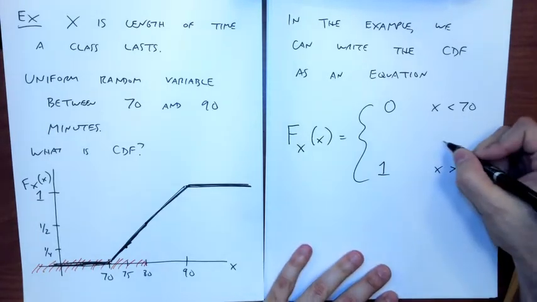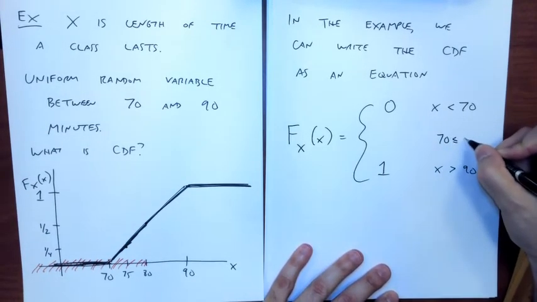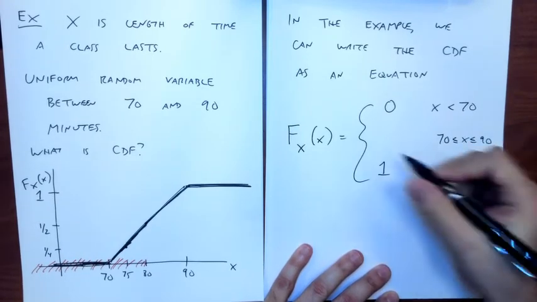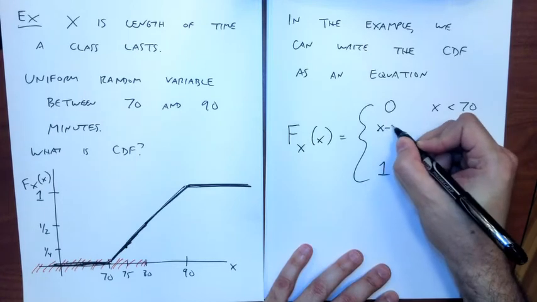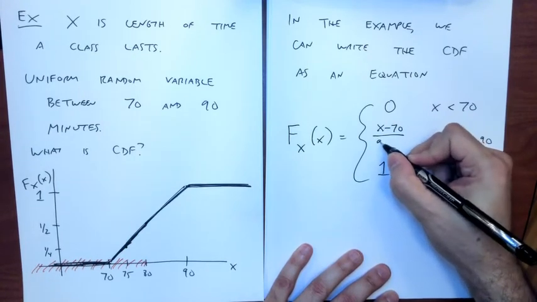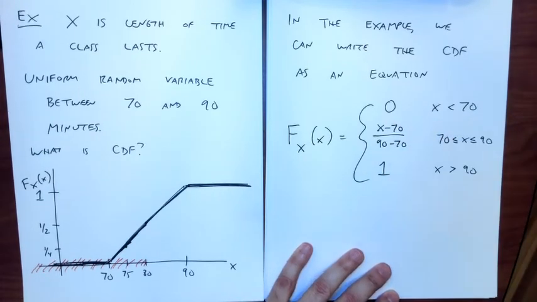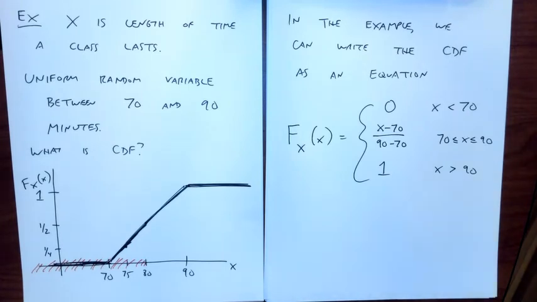And I can see that this linear function is going to be given by x minus 70 over 90 minus 70. If you think about this, it's basically saying, what percentage of the way am I to 90 starting at 70, right?